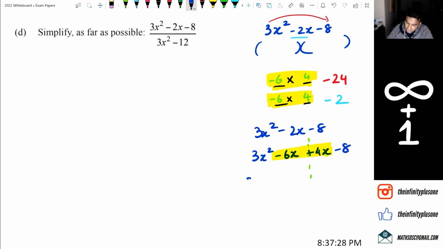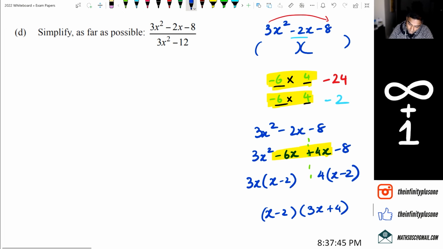In the first case, I've got 3x as a common factor, so I get x minus 2. In the second case, I've got 4 as a common factor, and I also get x minus 2. So this factorizes into x minus 2 and 3x plus 4. By the way, the 3x is from here, and the positive 4 is from there.